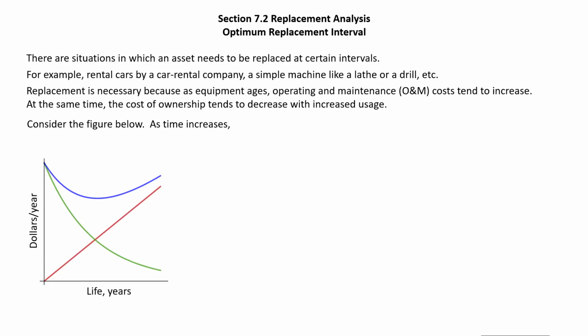For example, in this graph, we have three curves. The first curve is the annual O&M cost indicated by the red line. So it's a straight line. And what this is saying is the annual operating and maintenance costs keep increasing every year. That kind of makes sense, right? If you buy a car, man, the first year you won't have a whole lot of costs.